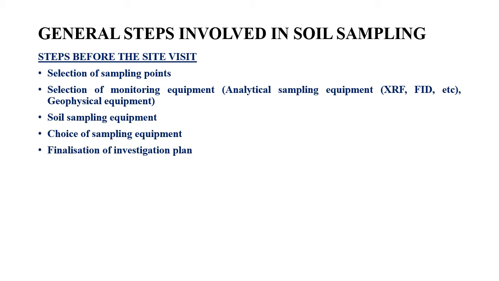It should also be easily maintained and of good quality, and suited to the depth range up to which you are going to do the sampling. Based on all these factors, we can select a suitable sampling equipment.